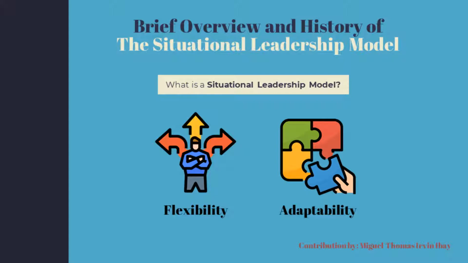Now, what is the situational leadership model? Well, in a single word, it can be attributed to flexibility or adaptability, meaning the leader would utilize a different style in order to suit the situation at hand or the followers that are in the situation.